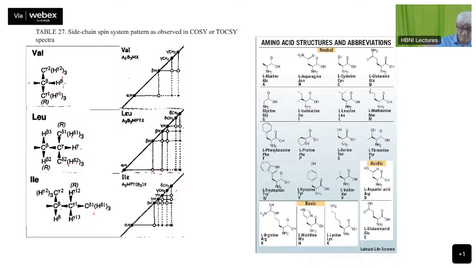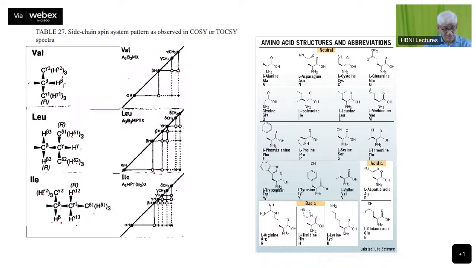These two peaks. Gamma 1, gamma 2. Okay, so from the beta you will see to the gamma 1, gamma 2, and also to the gamma CH3. There is also a CH3 there. See this from here, you see to these two, and also to this. This is the CH3 group there. You will see that also, and therefore from the beta, you see three peaks there on this line.